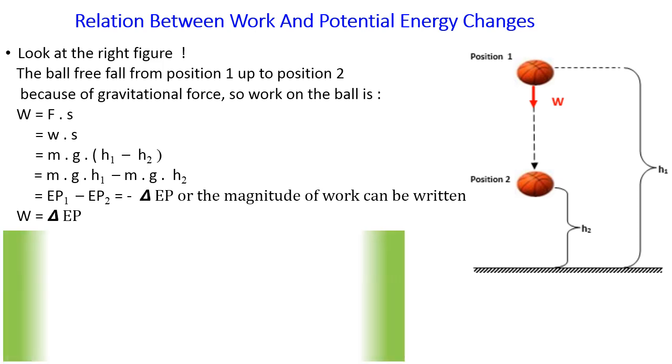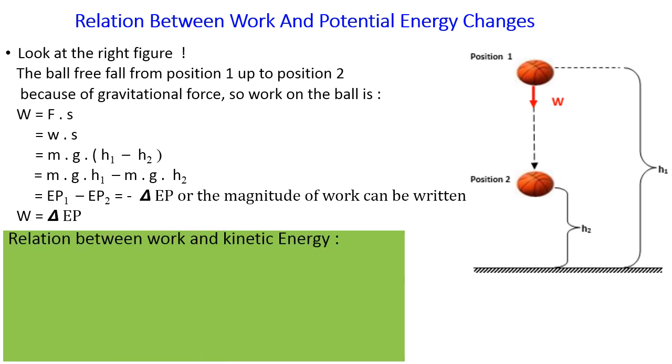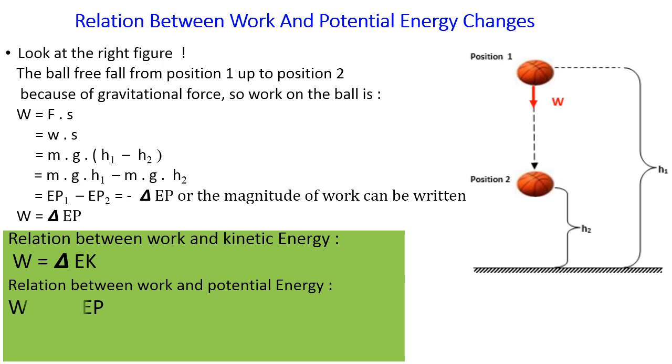So from this we can conclude that the relation between work and kinetic energy can be formulated as work equals delta kinetic energy, and the relation between work and potential energy can be formulated as work equals minus delta potential energy.